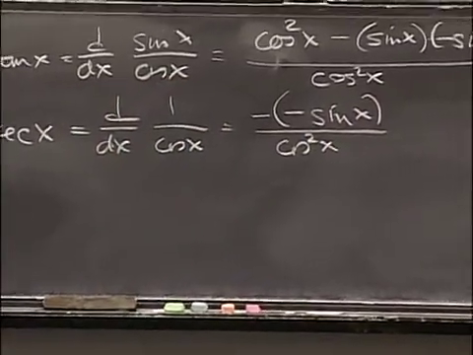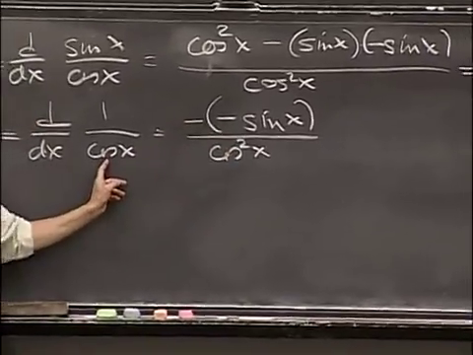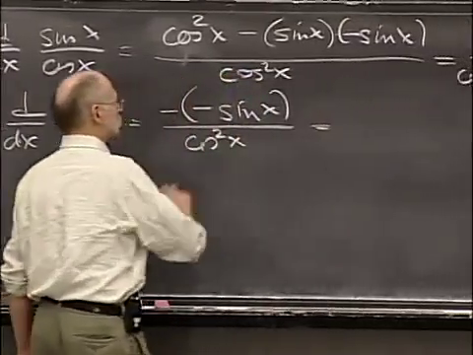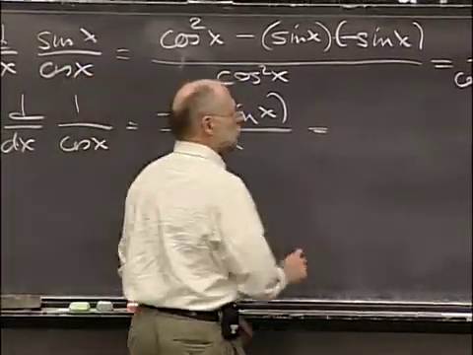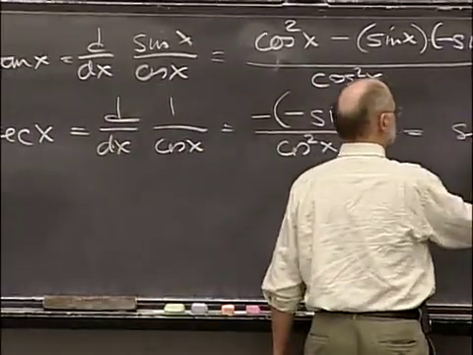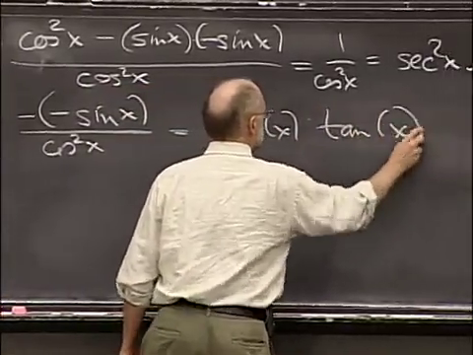So one minus sign came from the quotient rule, and the other one came because that's the derivative of the cosine. But they cancel, and so I get sine over cosine squared, which is sine over cosine times 1 over cosine, and so that's the secant, 1 over the cosine, times the tangent of x.